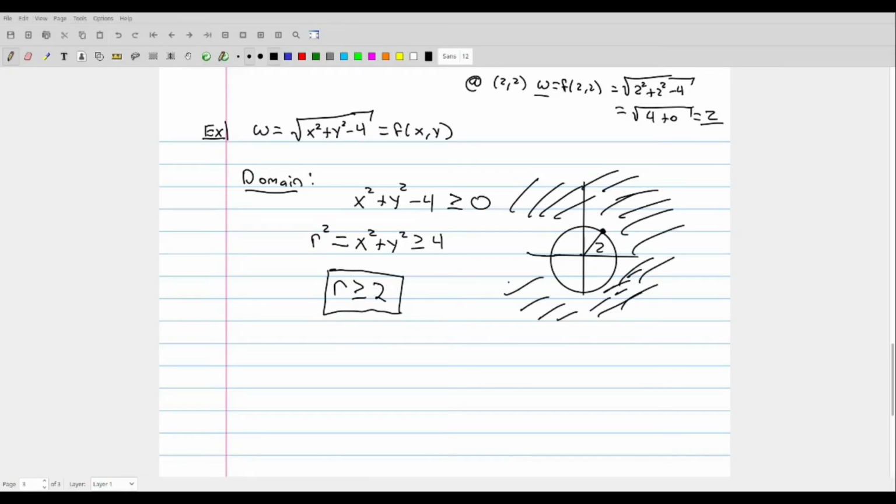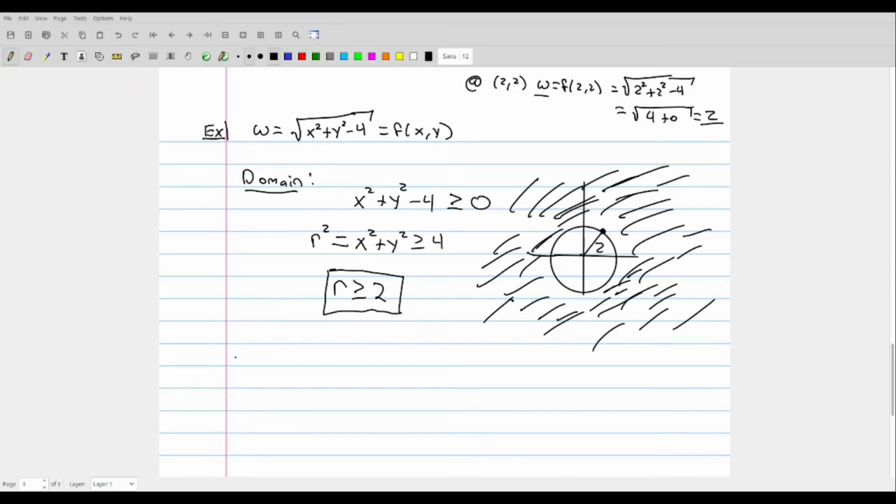So it's all of these points that are outside the circle of radius 2, and all points on the circle of radius 2, because this inequality is satisfied when r equals 2. So this is the correct way of solving for the domain of this function.